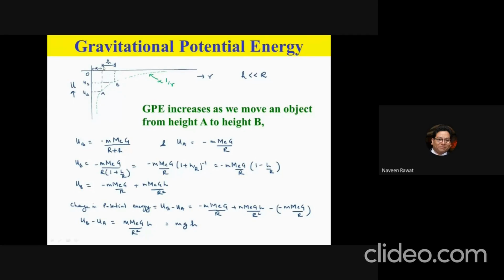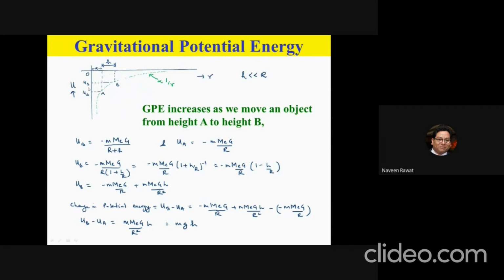So let's take h as the height, that is the distance between these two positions A and B, and those are positions r. Now if you look at this curve, you have a certain potential energy at location A, and you have a certain potential energy at location B. Note that the potential at B is higher than the potential at A.